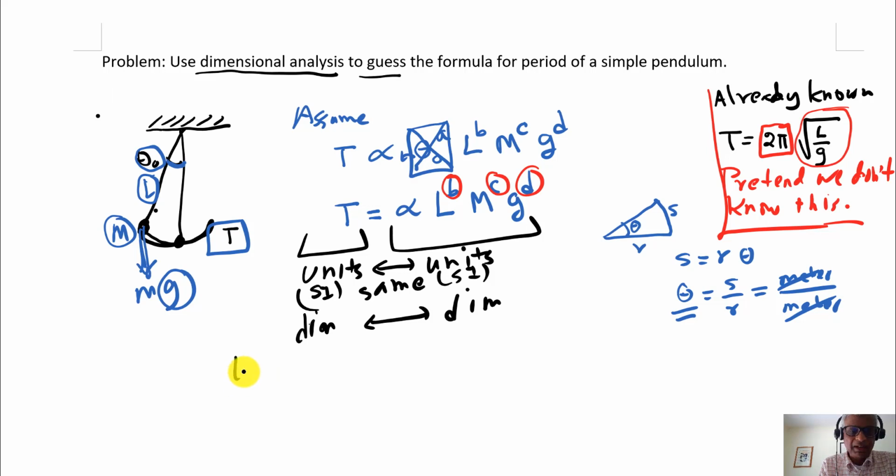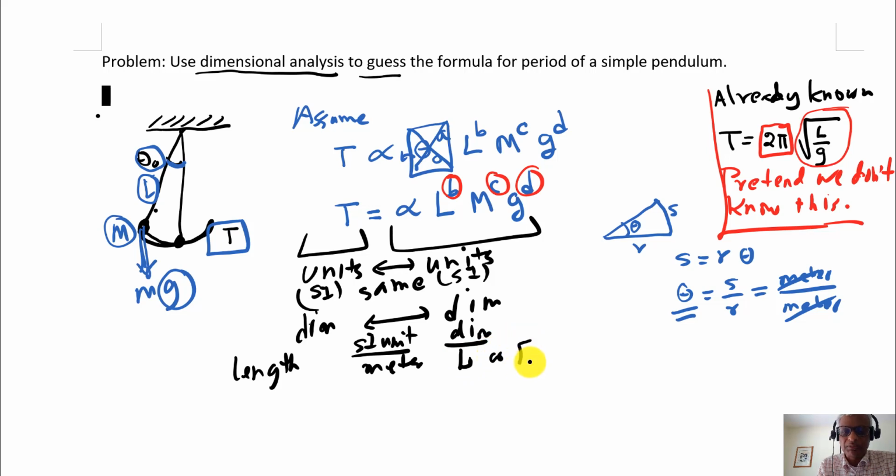If you have a length, the SI unit is meter, and for dimension we use just the letter L. If I have mass, you could use kilogram, but the dimension is just M, so there's no confusion. So these are fundamental ones.